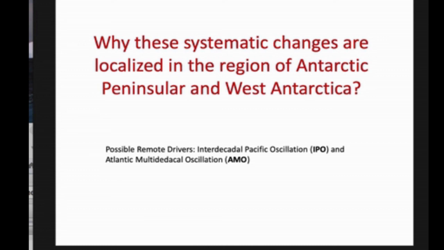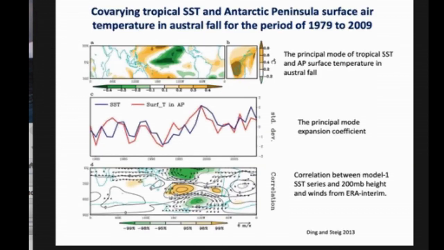Since we're talking about the multi-decadal timescale, outside of Antarctica, other large climate variability at that timescale would be the Interdecadal Pacific Oscillation, formerly called PDO, and the Atlantic Multidecadal Oscillation. So these are the potential drivers, but how they drive this change in the higher latitudes, people have made some connections.